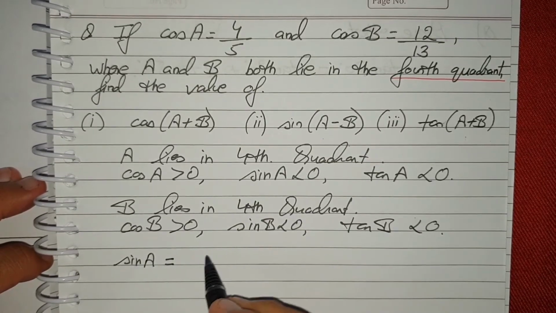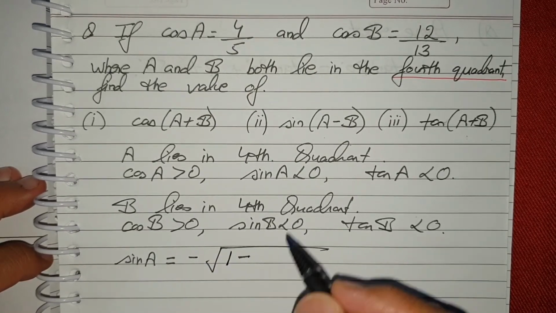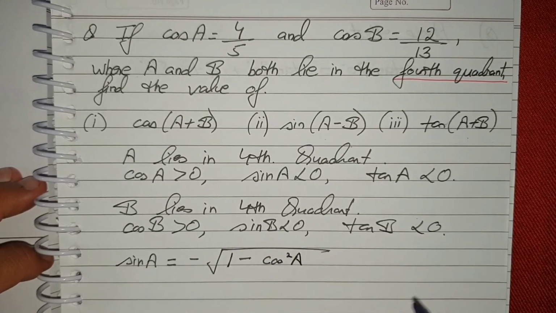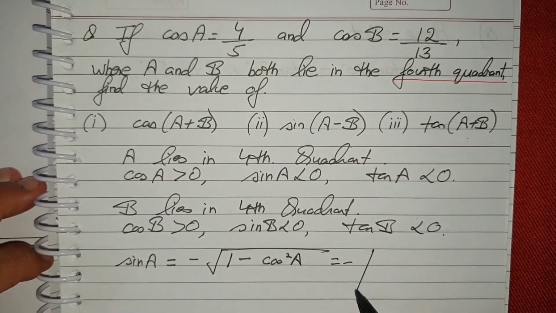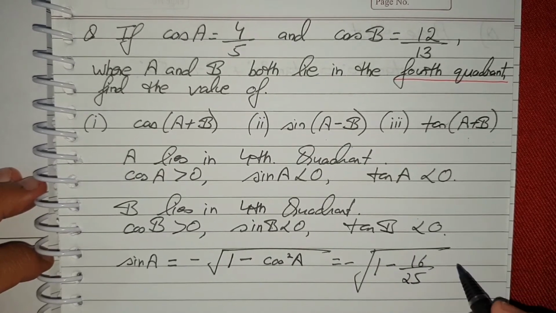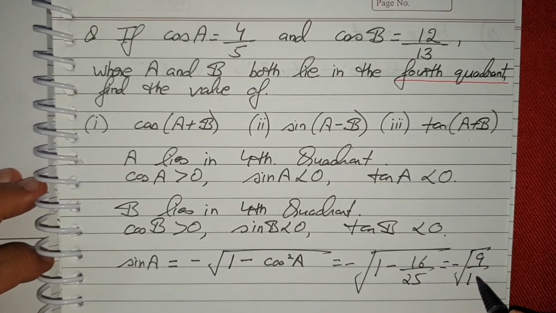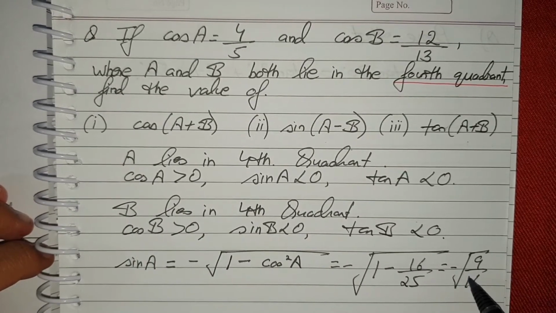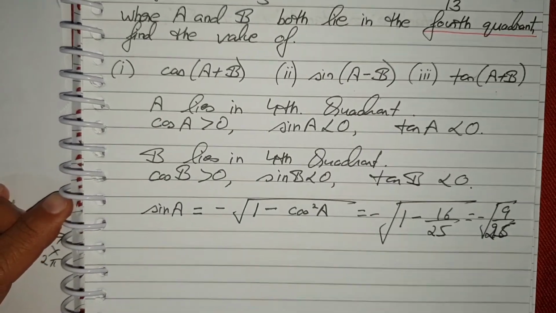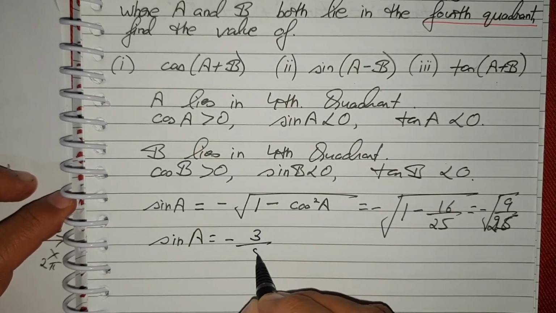Sin A will be under root, but sin will be negative, minus under root of 1 minus cos square A, which is minus under root of 1 minus 16 by 25, which is equal to minus under root of 9 by 25, so sine A is minus 3 by 5.